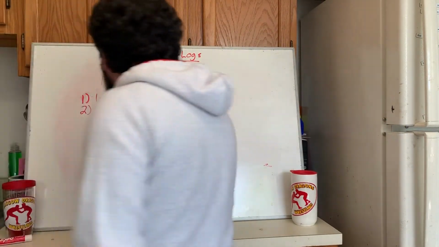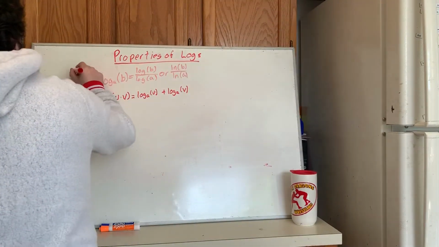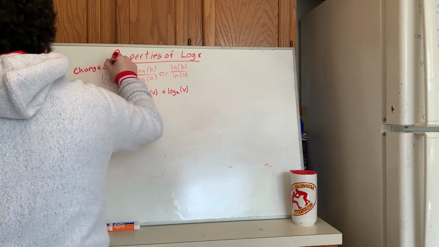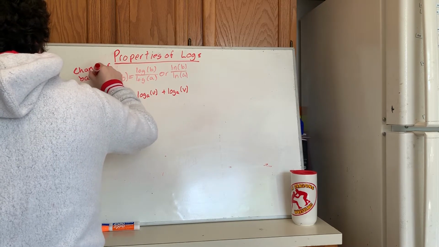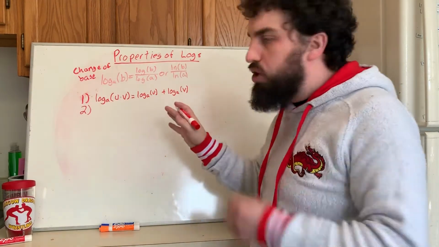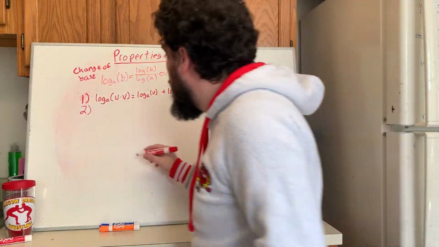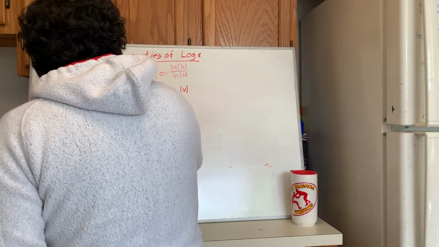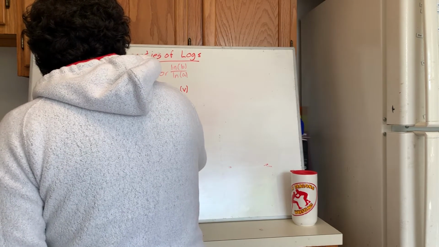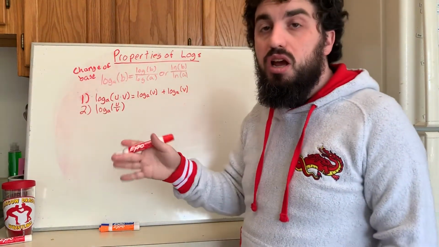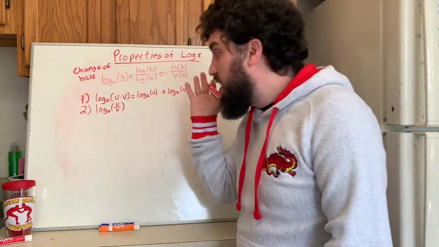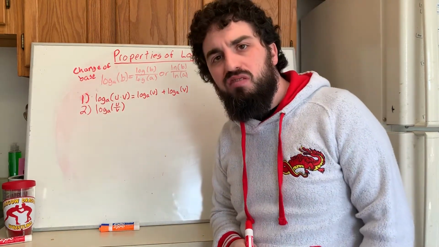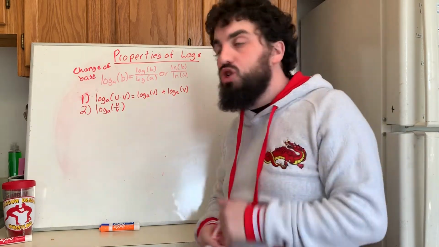Property number two, let me write this. Property number two I'm concerned about is division. So if we think about it, if multiplication ended up getting switched to addition, it would make sense that division's the opposite of multiplication. Well, this should be the opposite of addition, so this will be subtraction.